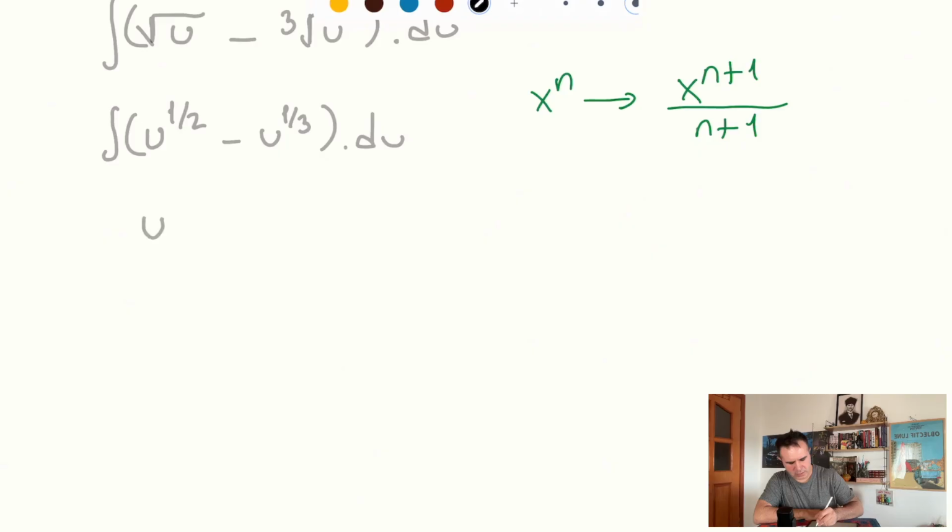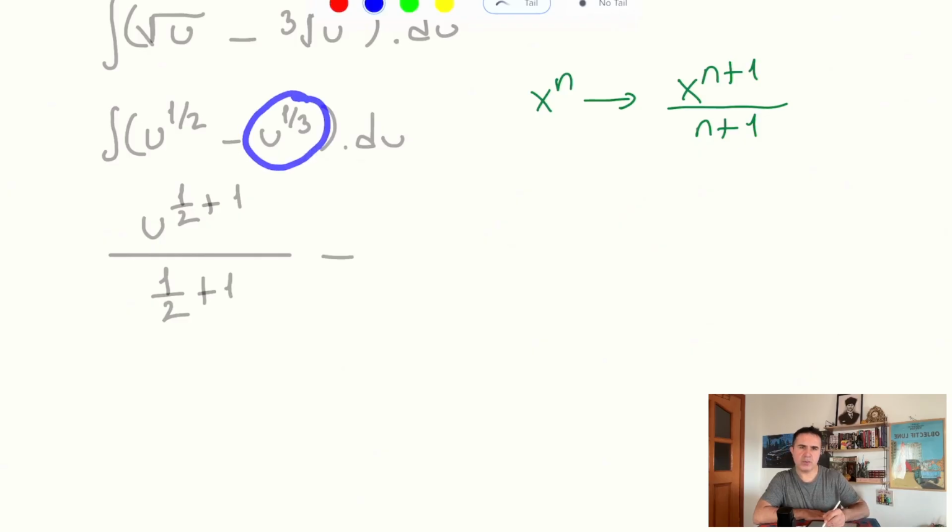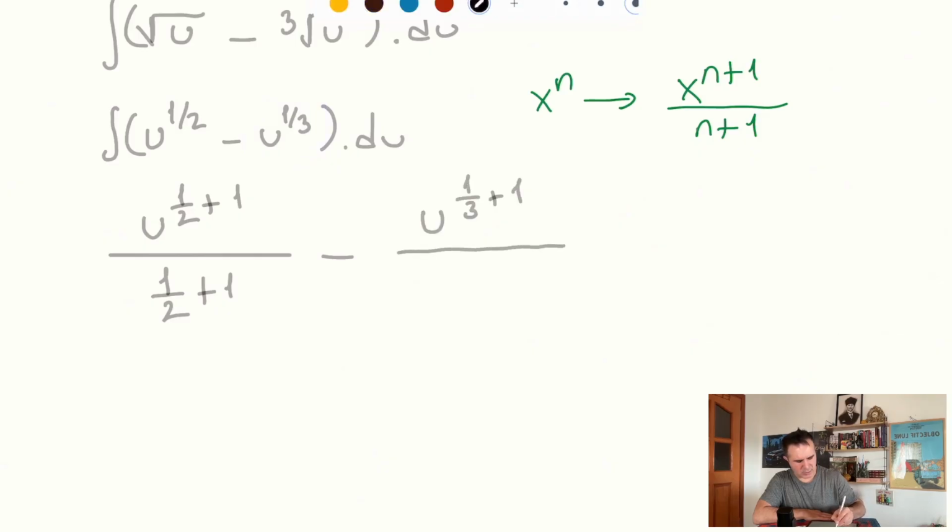Then we will first add 1 to the exponent and divide by the new exponent, and minus, we have here u to the power of 1/3. We will add 1 to the exponent and divide by the new exponent.